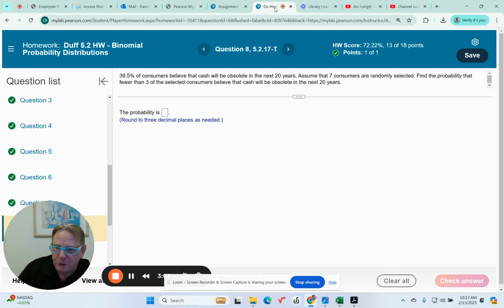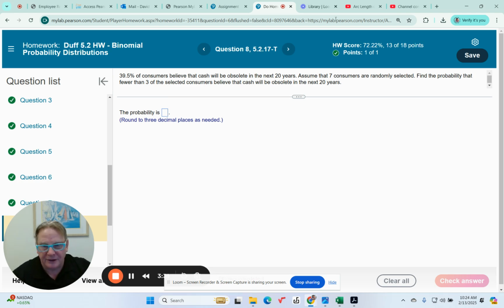Like things like fewer than 3. Does fewer than 3 include 3? It does not. So we can either look for the probability that X is less than 3, or equivalently, we could say that the probability of X is less than or equal to 2.